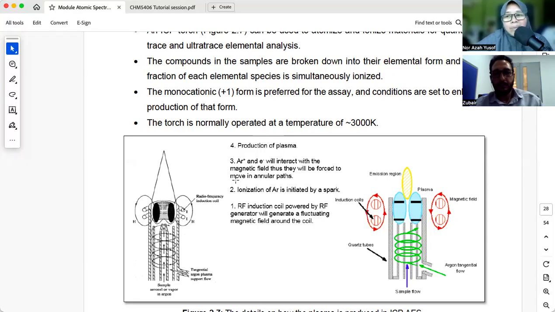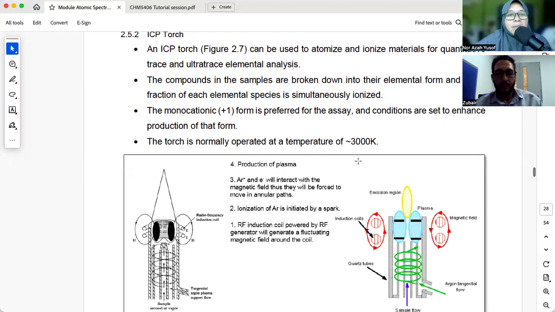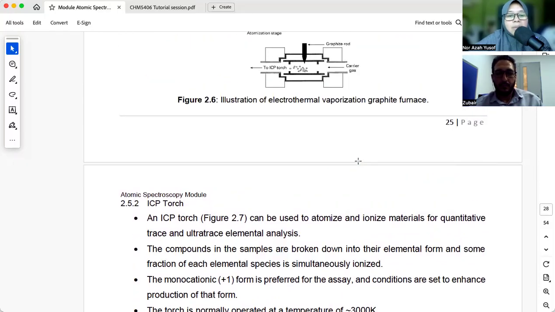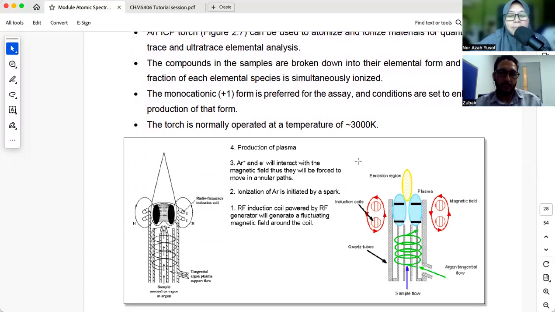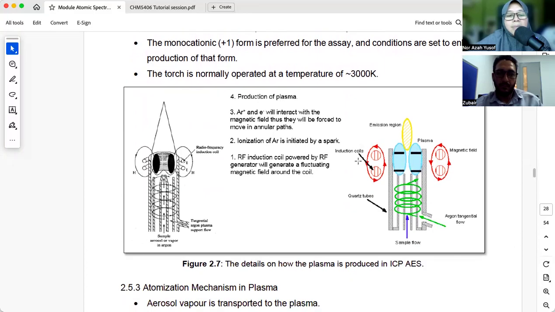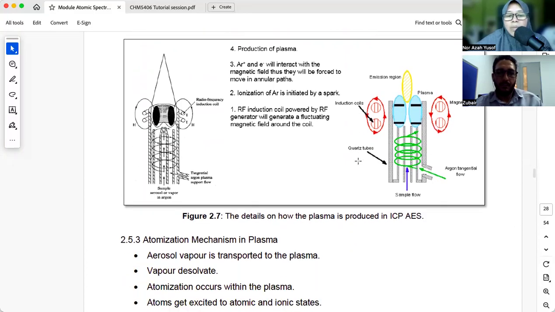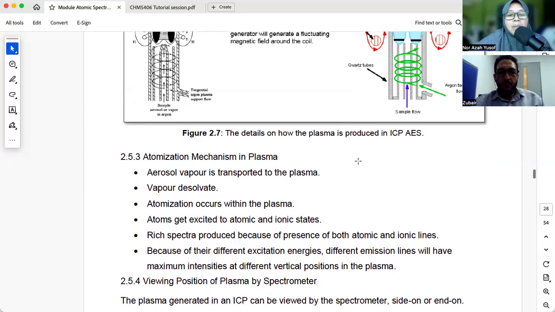It is not comparable to hollow cathode lamp. It is much higher. So you can see that it can go to 4,000 Kelvin, based on the table just now. So this is something special with using AES. The atomization process is similar, it's just the plasma.